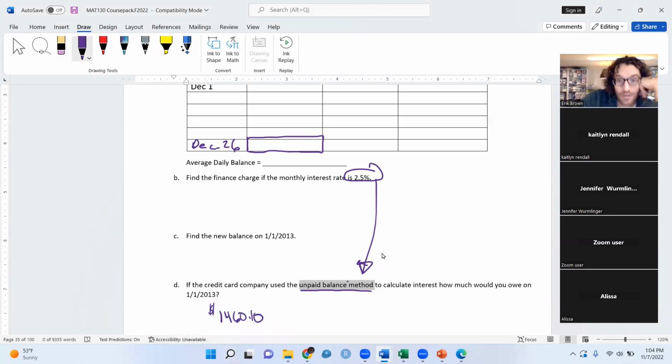So the unpaid balance method says take the balance that you still have, the unpaid amount, multiply it by the percentage that's being charged each month, and that's your fee.